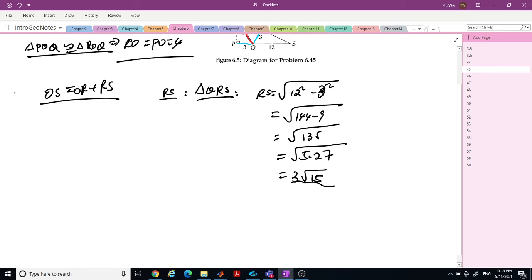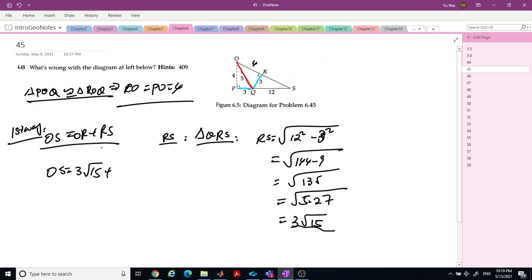Now the first method, this is the first approach, the first way. We have OS equal to 3 root 15 plus 4.